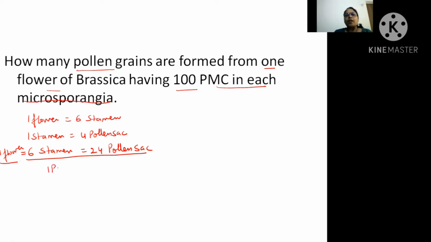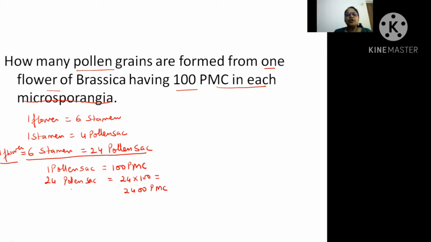Now, in each microsporangium, they have given that there are 100 PMC. So one pollen sac has 100 pollen mother cells. The 24 pollen sacs will have, I think, 24 into 100, which means 2400 pollen mother cells.